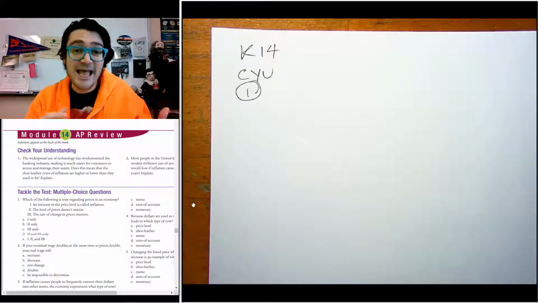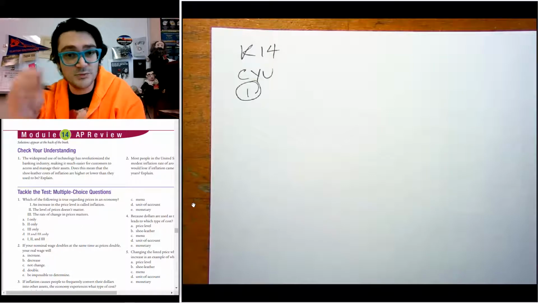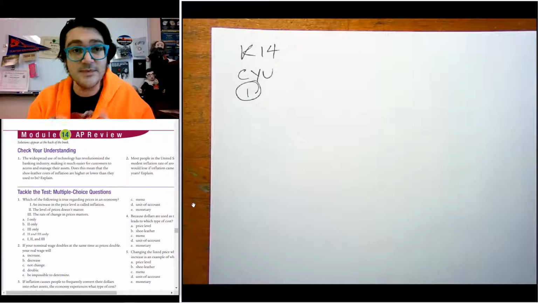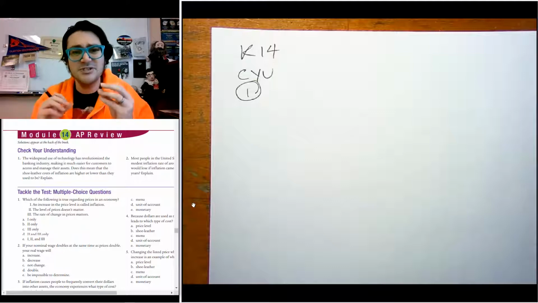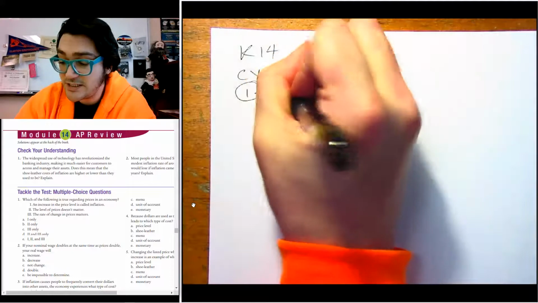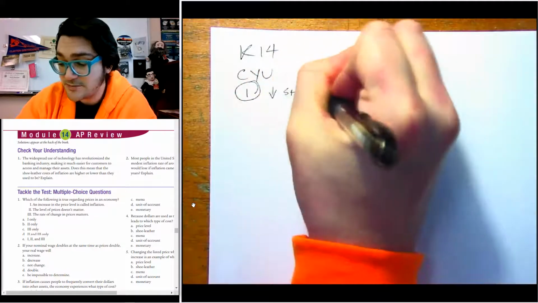At the same time, today, it's much easier for me to go online and switch money from one account to another and withdraw cash from an ATM and deposit money and things like that, using even mobile check deposits. So what we'd say is that there's not as much need to go and transact. So we'd say that this has decreased shoe leather costs.